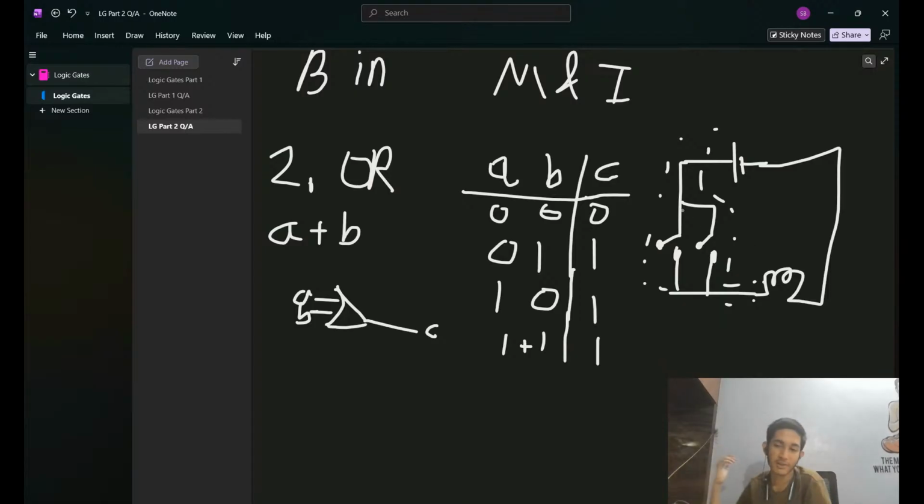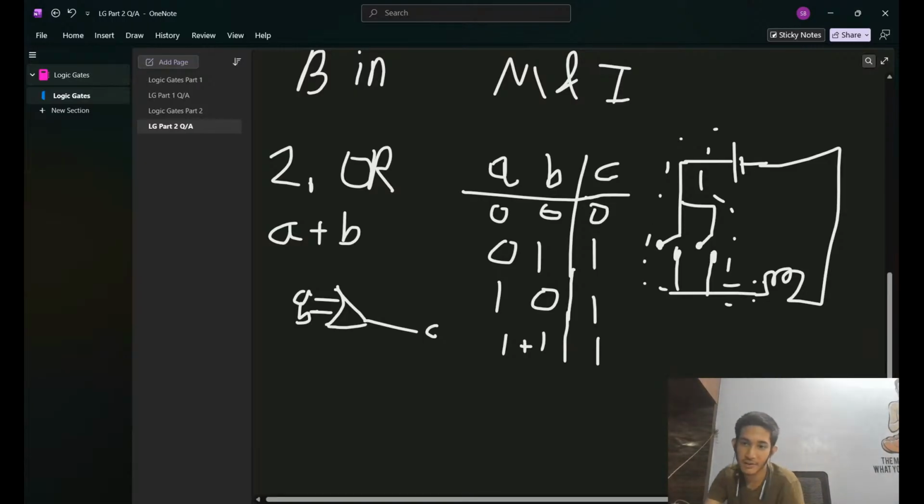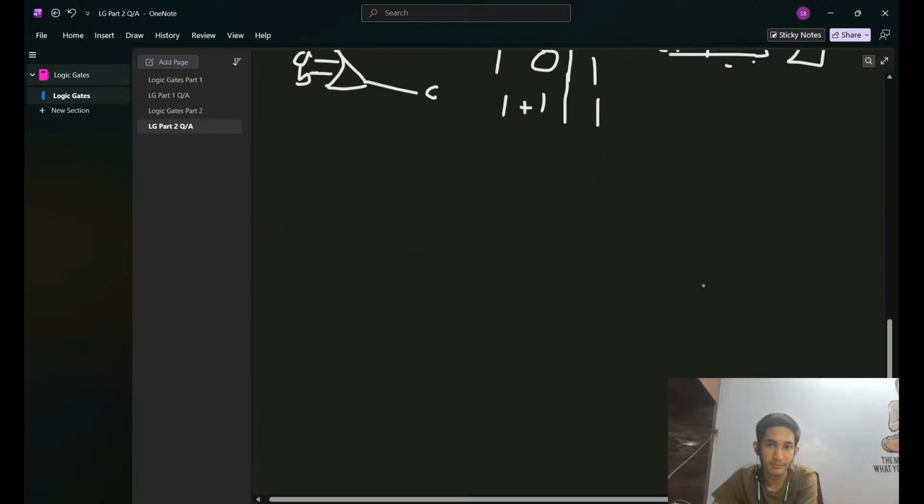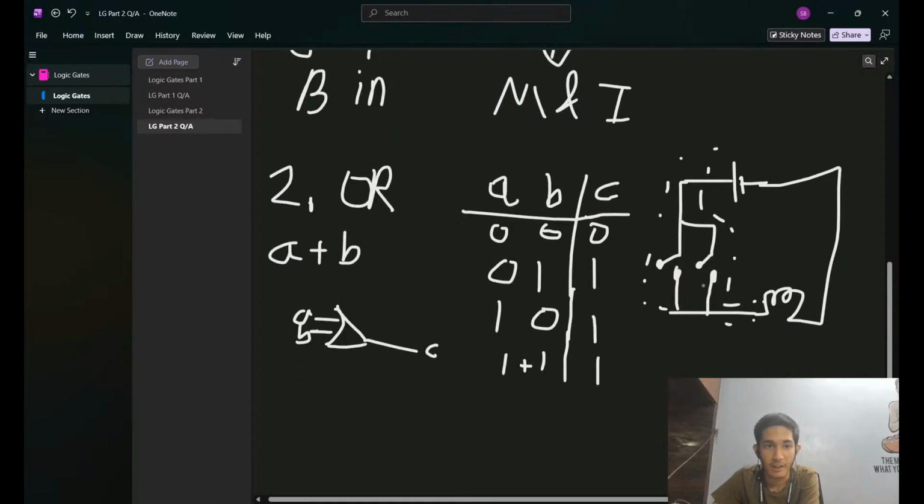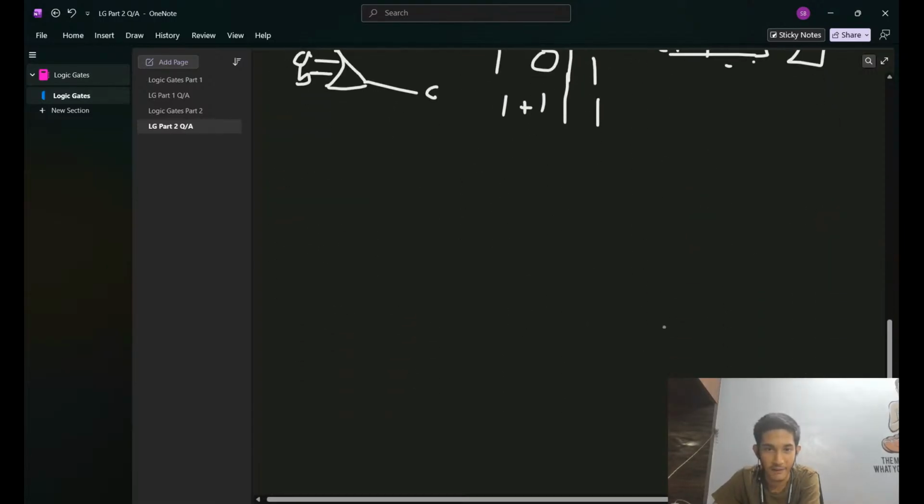So if both switches are closed, it can just take either one of the paths or actually both of the paths. That's what happens in real life. So when both of the switches are closed or any one, then the light bulb turns on. So the circuit is like, okay, is at least one of them closed? Because if at least one of them is closed, only then can the whole thing be done.